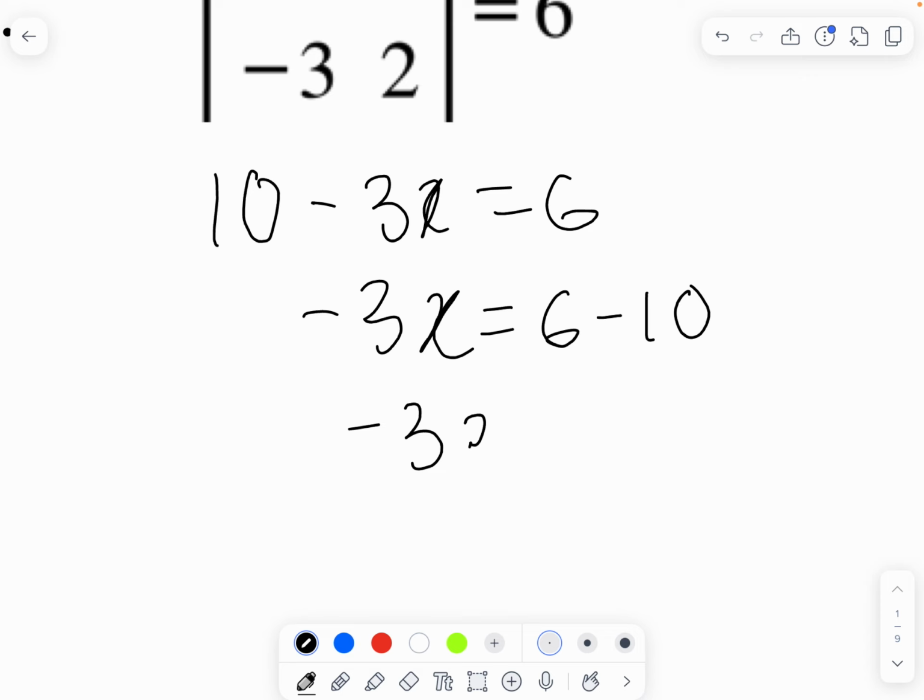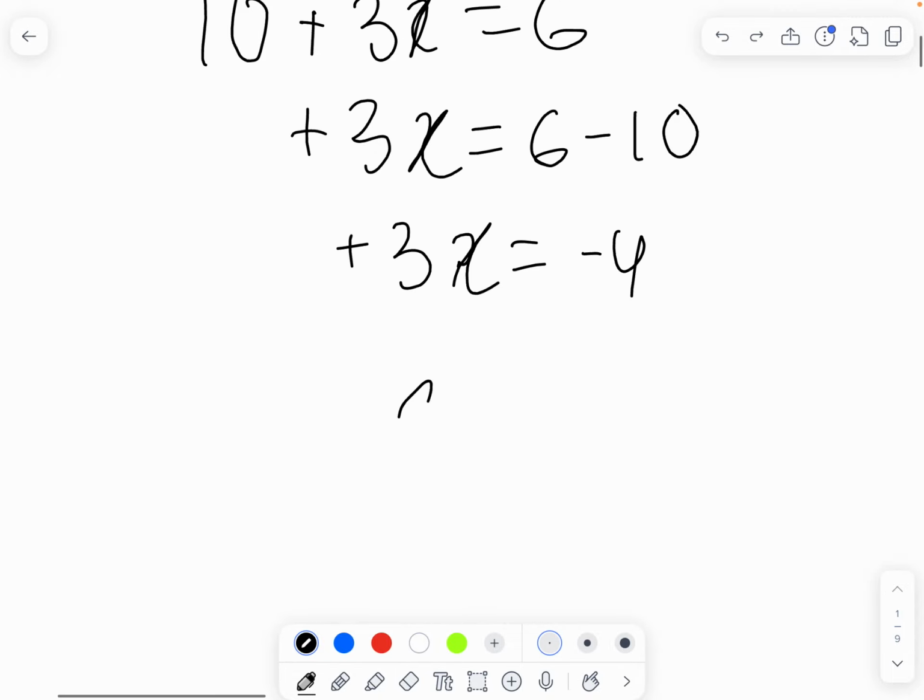Hold on. This should be positive because my 2 negatives make a positive. So plus 3x equals -4. Then x equals -4/3.